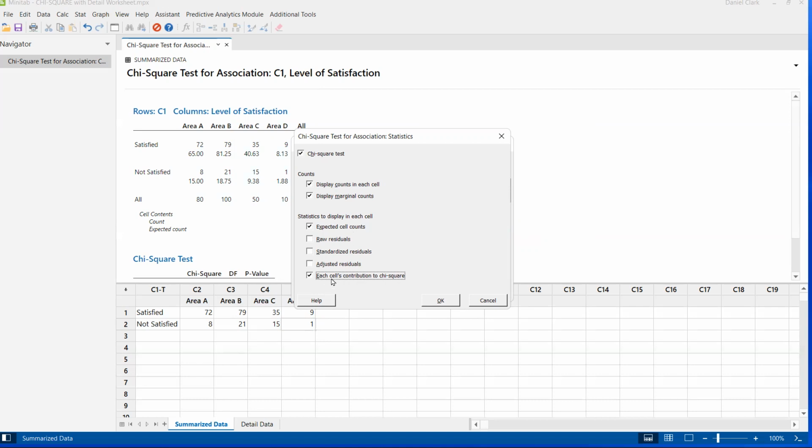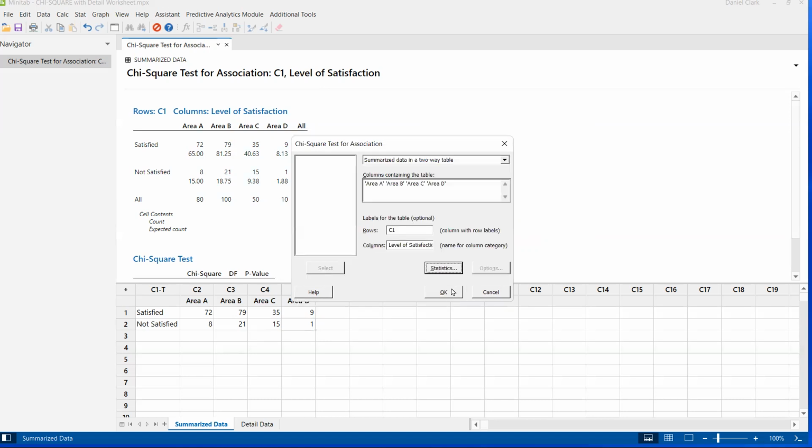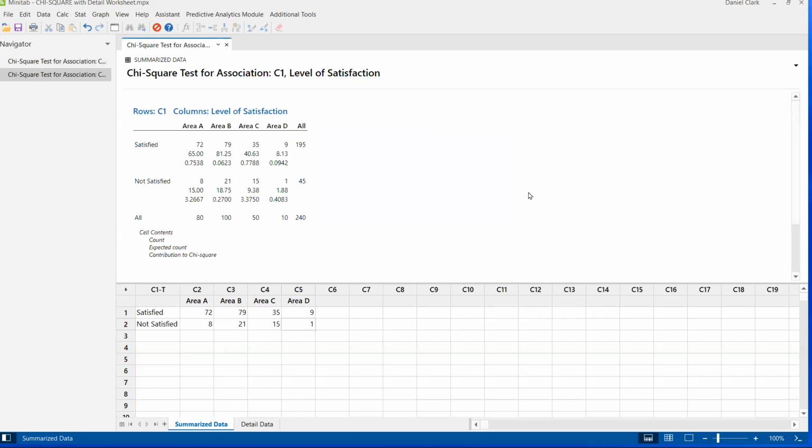But by showing each cell's contribution to chi-square, we can get a clue as to which of these cells in this table Minitab sees as being different from the others. So I've chosen to show each cell's contribution to chi-square, clicking OK, clicking OK again.